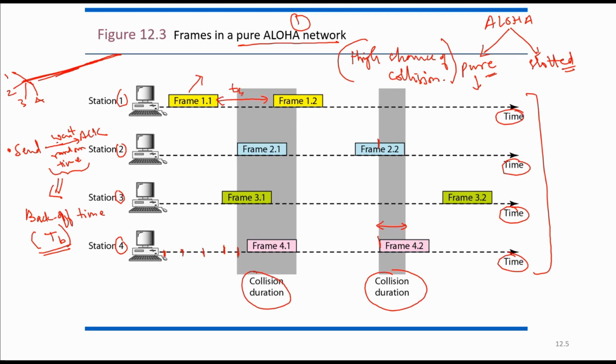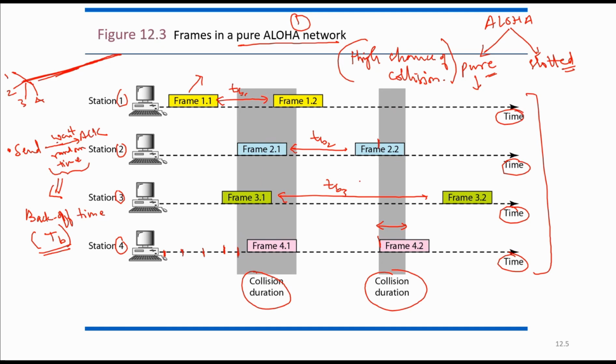Suppose TB1 is there, then another will wait for a random amount of time, TB2, that will be different from any other. That is the random waiting period after sending a packet. If each one is waiting for a different amount of time, there is a chance they can reduce the collision.